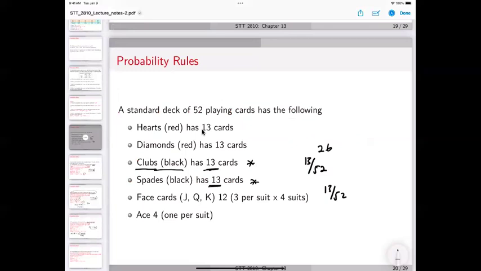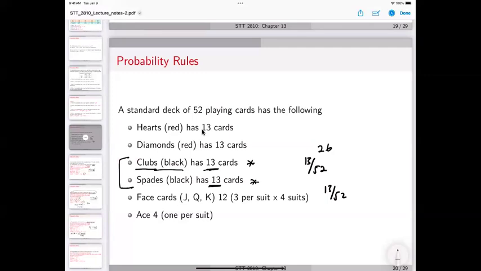Do we all agree? They are both black. Does that make sense? We are looking for the probability of you drawing a 2 and it is black. You can also draw a 2 in hearts and diamonds, but we are not focusing on those ones because they are red. We are looking for the probability of you drawing a 2 and black.